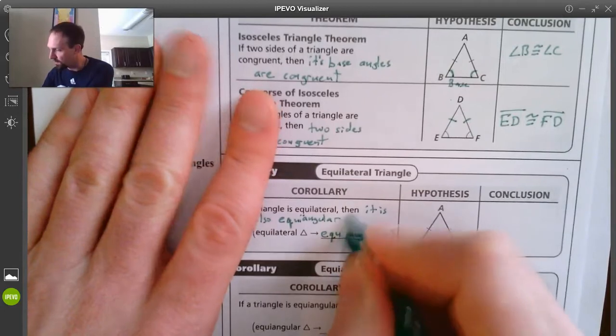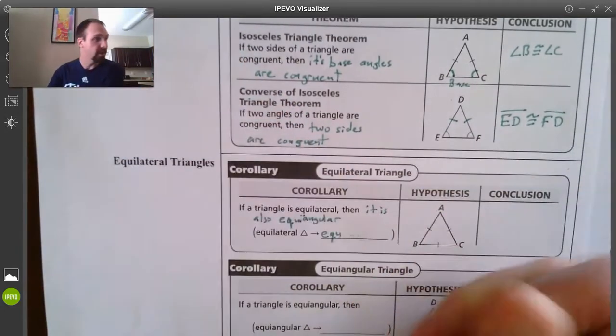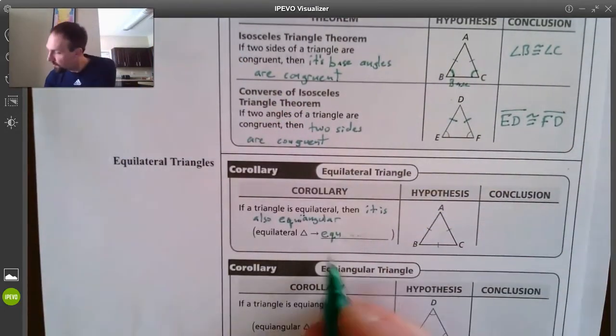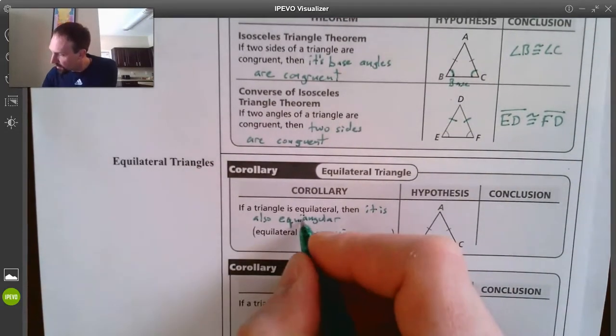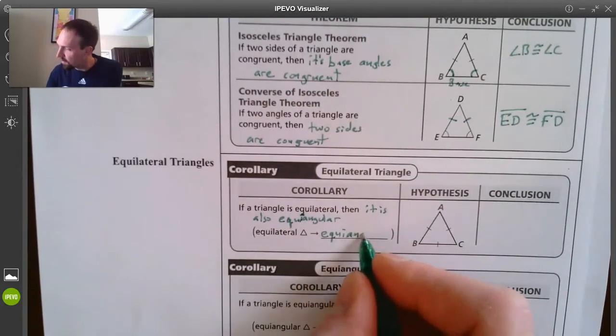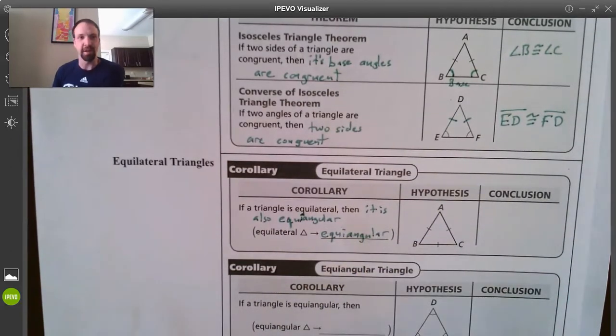Ooh, man, spelling. Let's make sure I got this right. There you go. Oh, it looks like I have two I's there. There we go. There's an equiangular triangle.